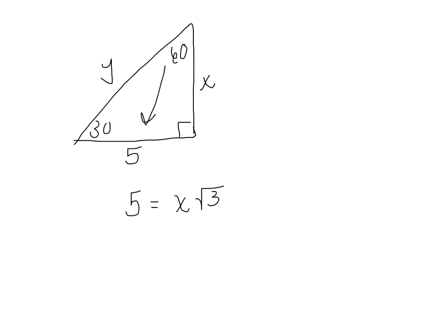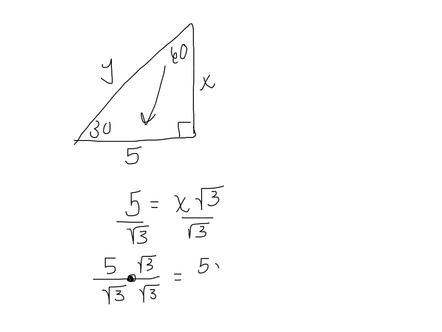Okay, to solve for x, I'm going to divide both sides by the square root of 3, forcing me to rationalize it. Which will be 5 square root of 3 over 3. And so this is going to be then the side opposite the 30.